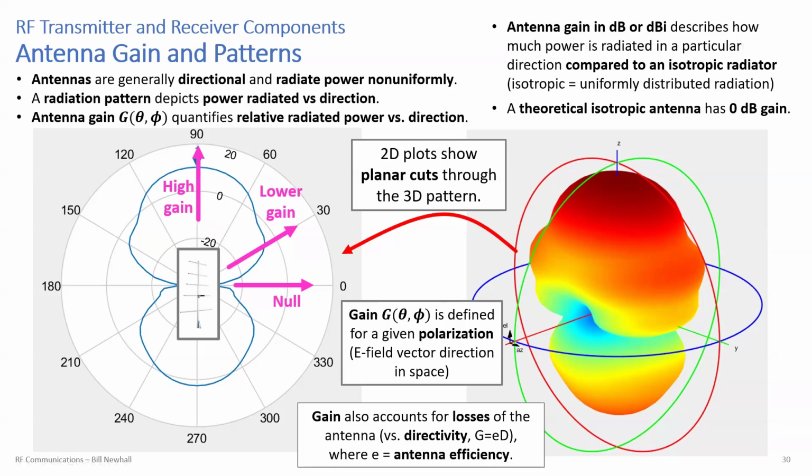Let's say you have a point-to-point communications link, maybe a microwave link. You want to direct your transmit power toward the receiver so that you can use the minimum amount of transmit power and also cause minimum interference to other receivers who may not be intending to receive you. Okay, so there is value in understanding antenna patterns.